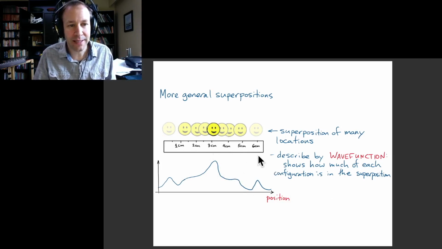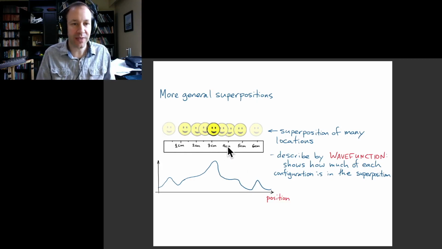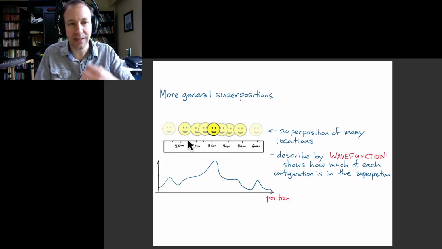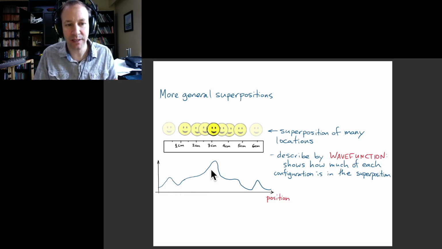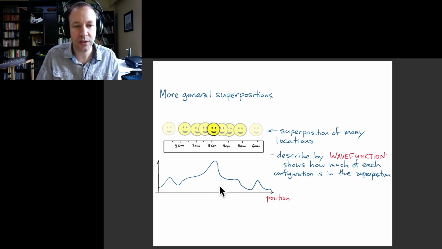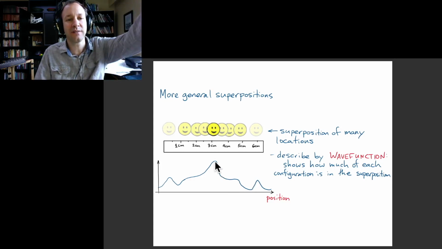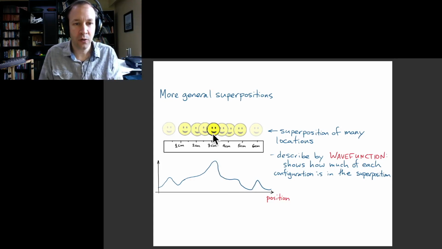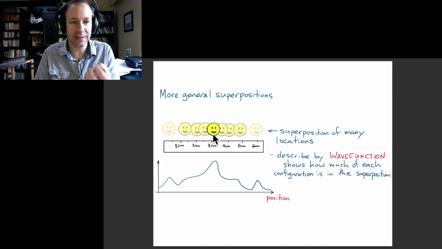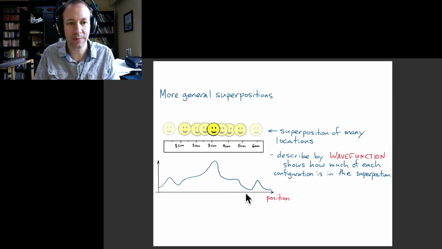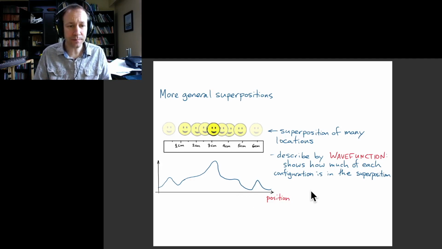This particular superposition that I've drawn in the top picture, I've tried to represent by a wave function in the bottom picture, which shows the largest value where we're most likely to find the object, and smaller values where we're less likely to find the object. Okay. So that's the idea of a wave function.